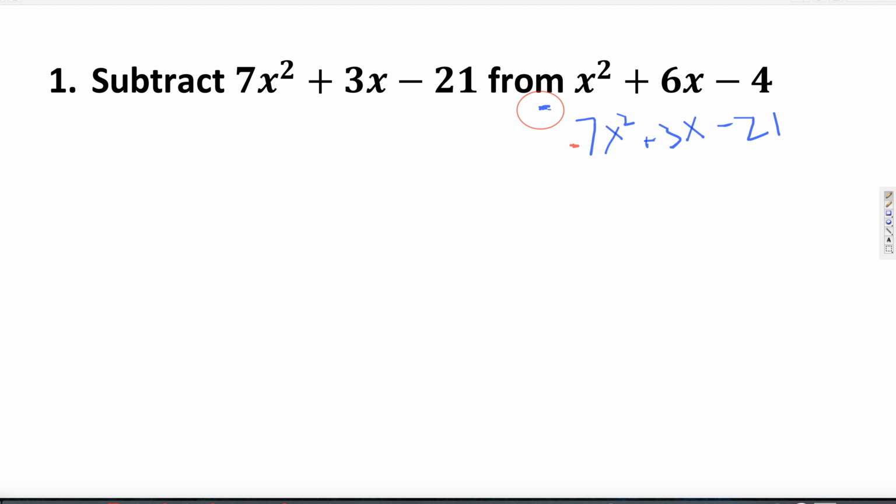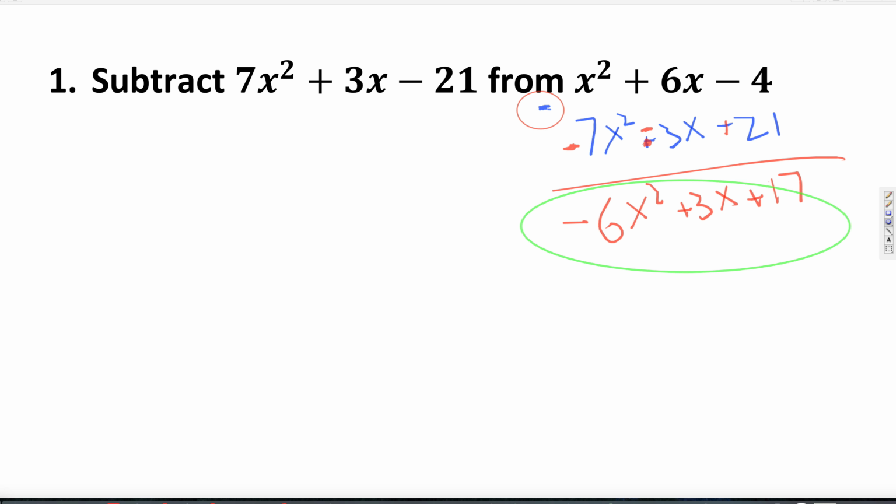So it becomes minus 7x squared minus 3x, right? That goes away. And then this one becomes plus 21. Then you subtract. You get negative 6x squared plus 3x plus 17 as your answer. Okay, so that's the answer there.